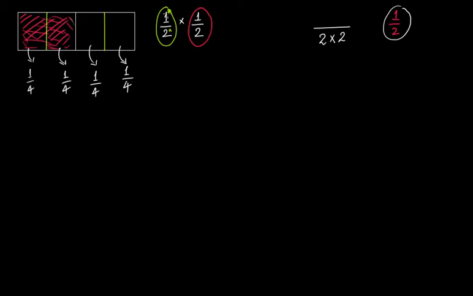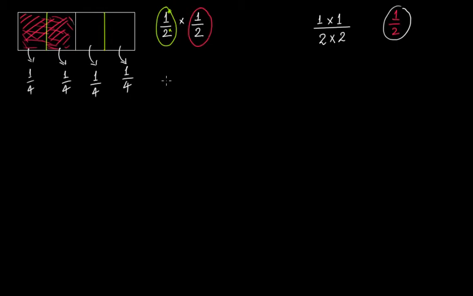So this one tells us that take out one such 1 by 4. So initially we had one part shaded. Of this one part, take out one such 1 by 4. We are taking one such 1 by 4 from this single shaded portion.